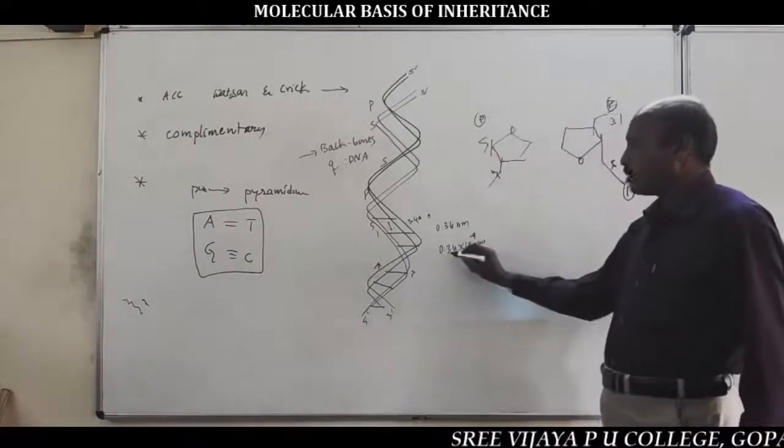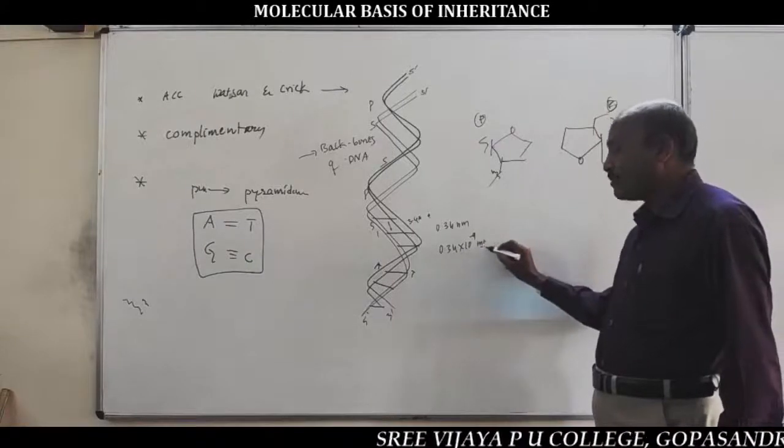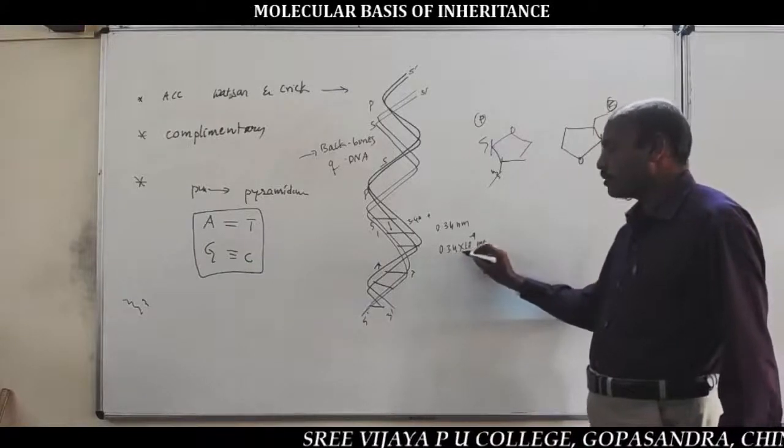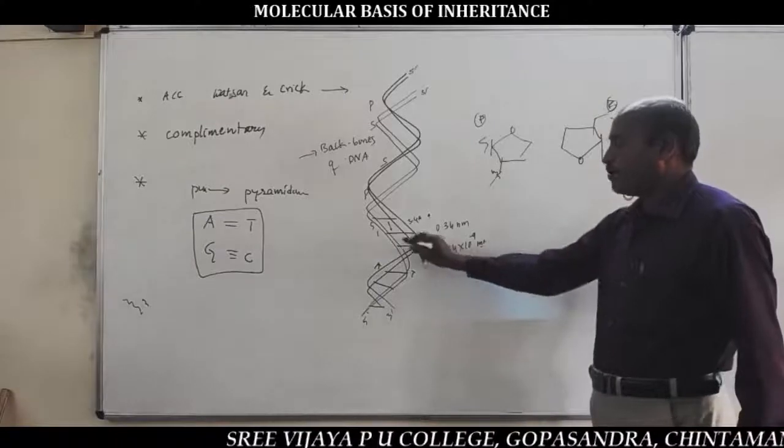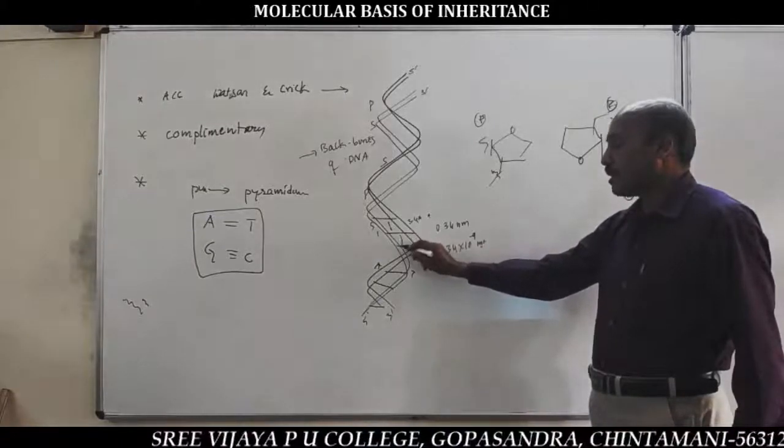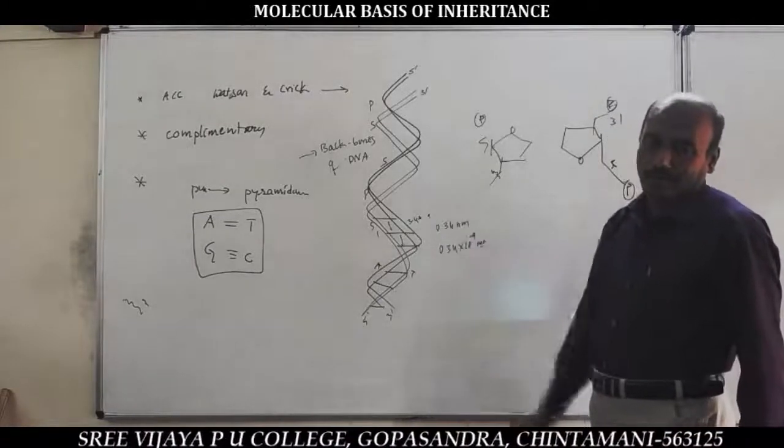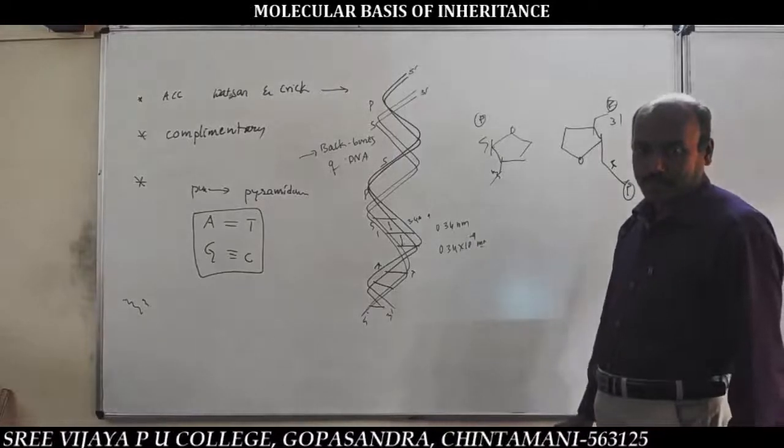Important: 0.34 into 10 to the power of minus 9 meters is the average distance between two nitrogen base pairs.